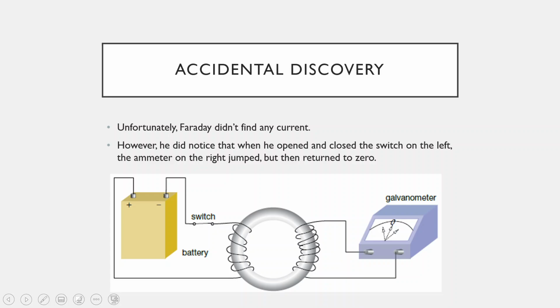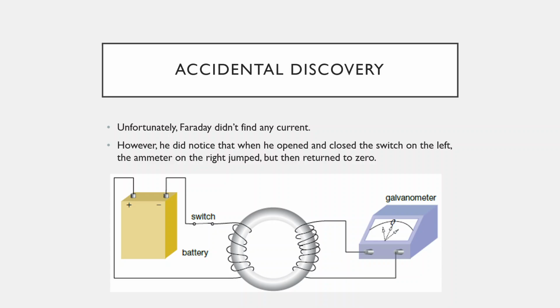Now, here's the thing. Faraday didn't find any current, at least not when he kept this battery switched on. However, what he did notice was that at the moment that he switched the battery on and off, so he closed and opened this switch, the ammeter on the other side jumped, but then it quickly returned to 0, even though the battery was kept on.